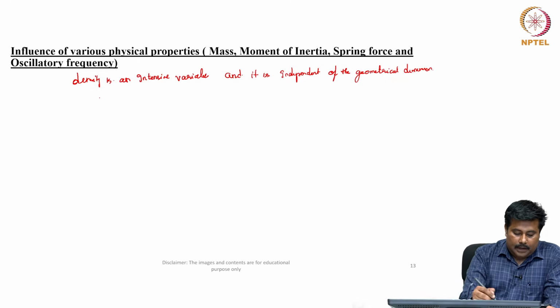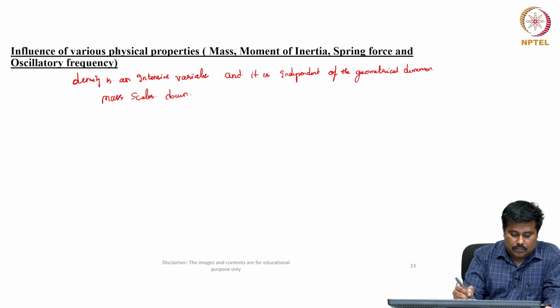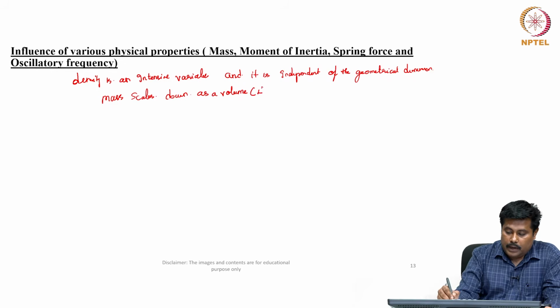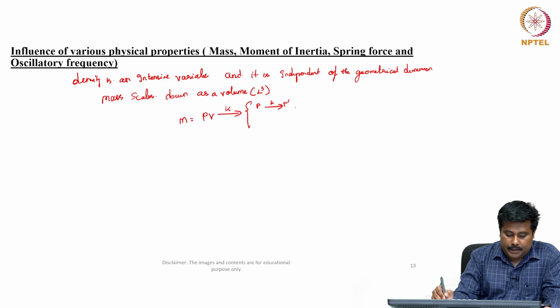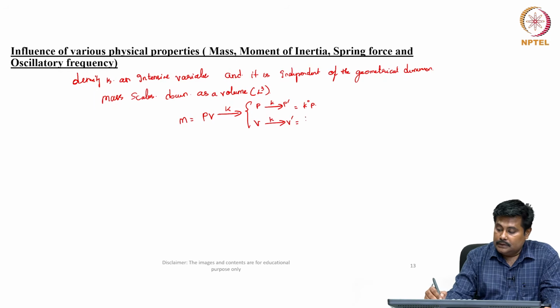Now the mass scales down as volume, or L cube, that is m equals rho V. Rho dash equals k naught rho and V dash equals k3 V, that is m dash equals k3 m.